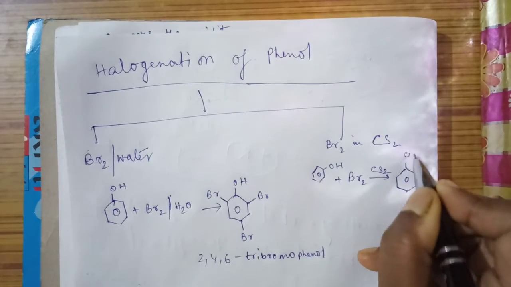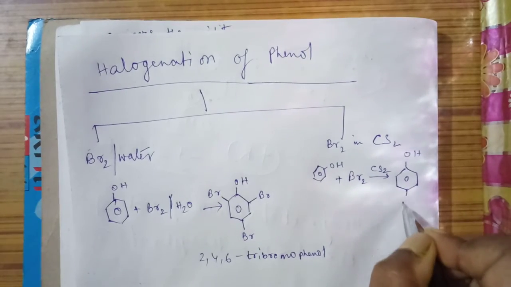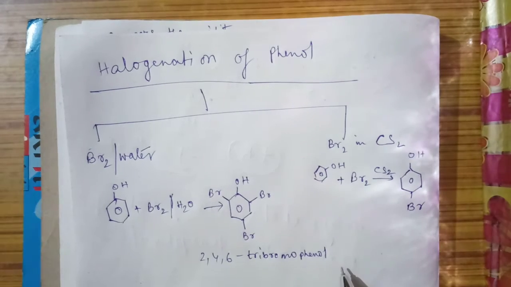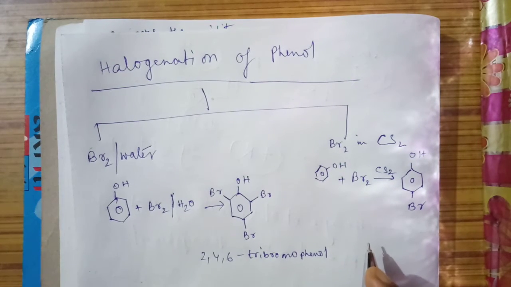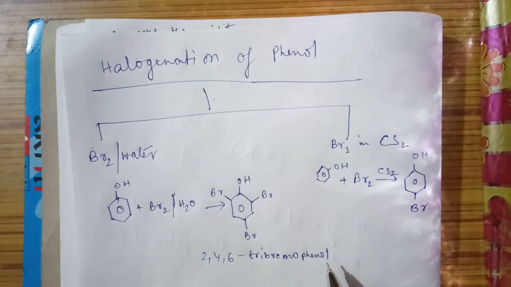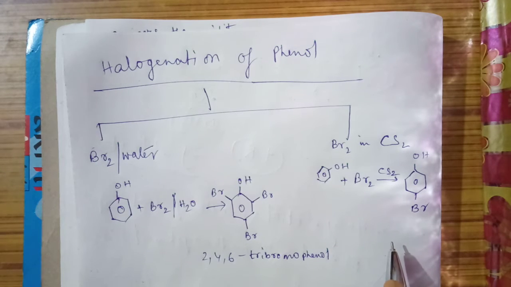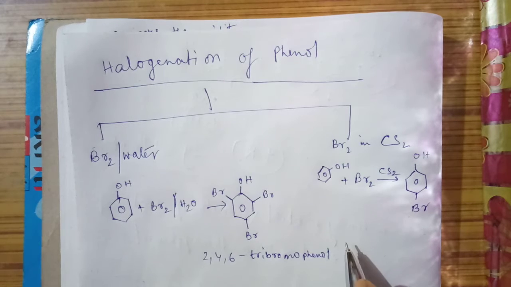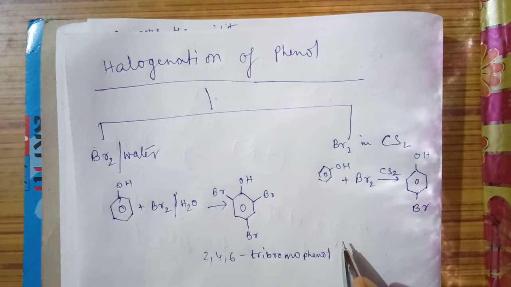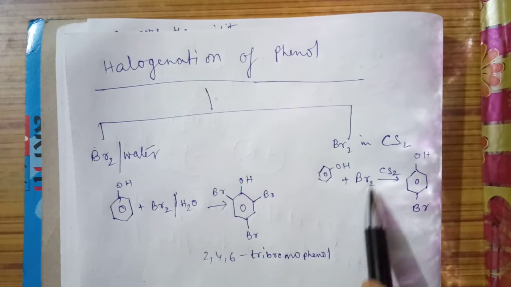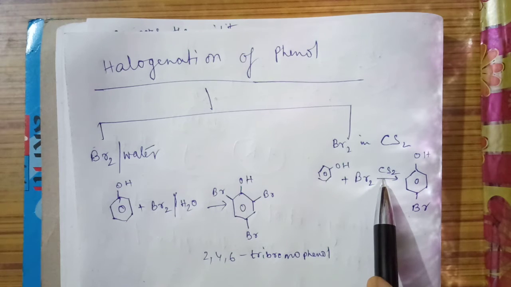That means either 2 or 4 bromophenol. Generally 4 bromophenol is the major product here. So you will get a monohalo product if only the solvent is changed.